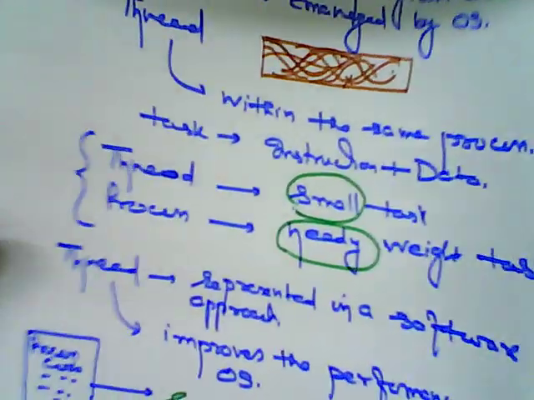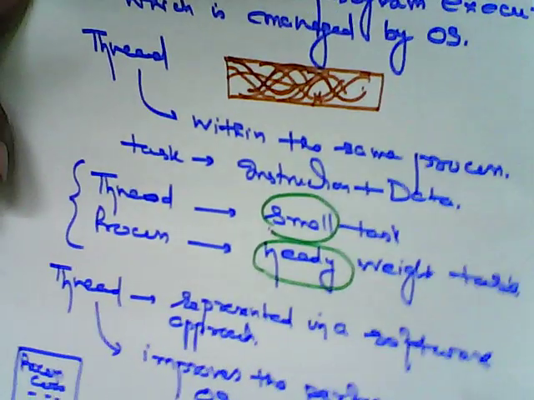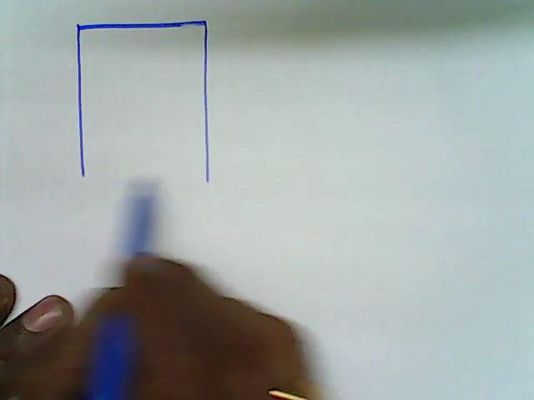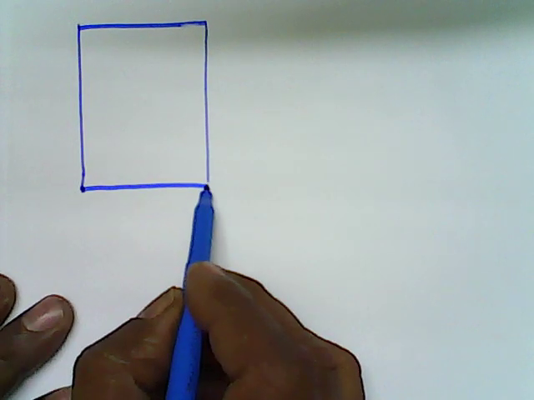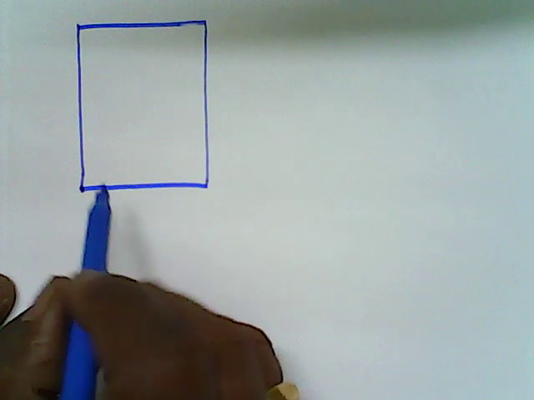Just like how you see this particular thread, the same thread we can further represent in another form, in a multiple thread way. It is very simple. You only have to do a partition. Let us take a single process which has multiple threads, say 3 threads.